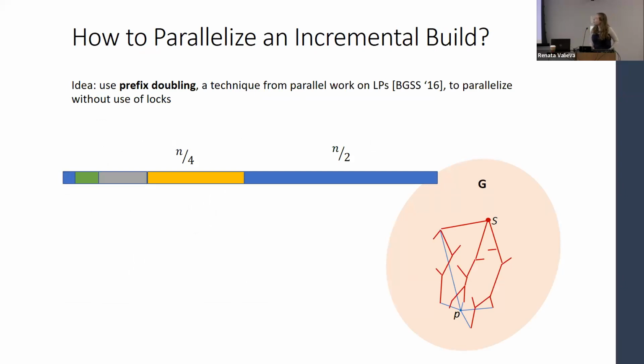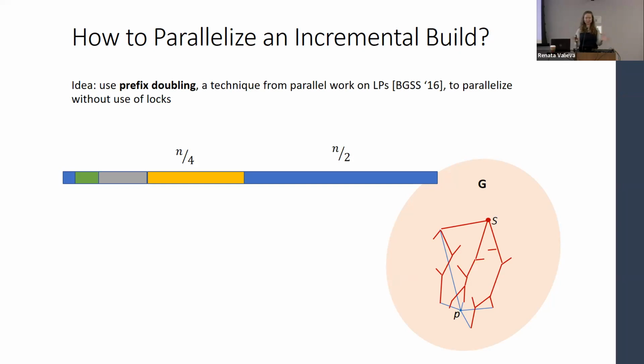So the question that I want to ask next is, what is the correct approach to parallelizing an incremental build like this? Existing algorithms basically do the following thing. I probably shouldn't have put the answer on this slide right now, but just listen.